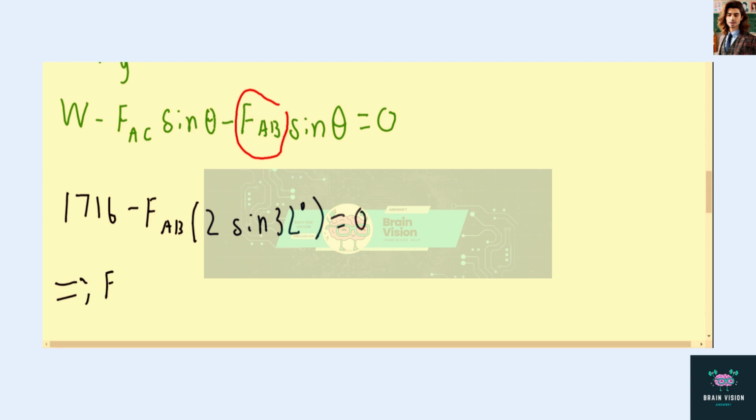And solving for the unknown F of AB, we get a force that is equal to 19.1 pounds.